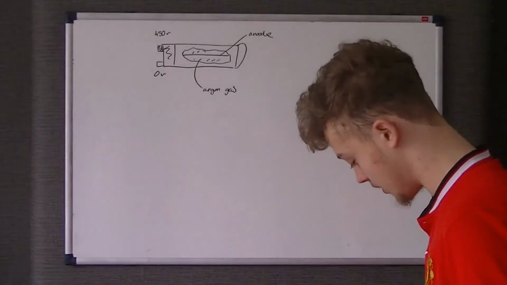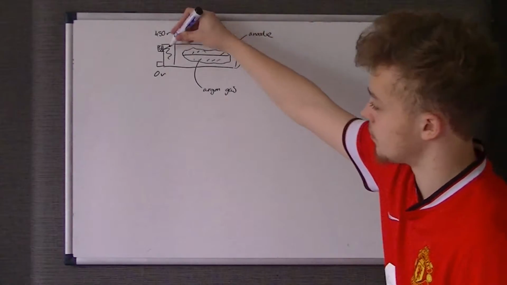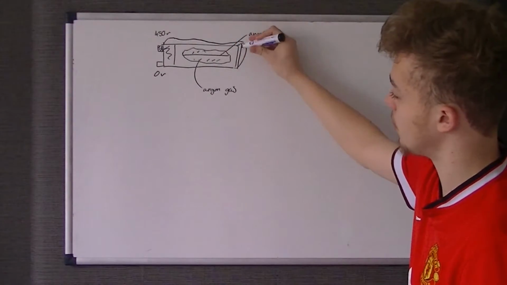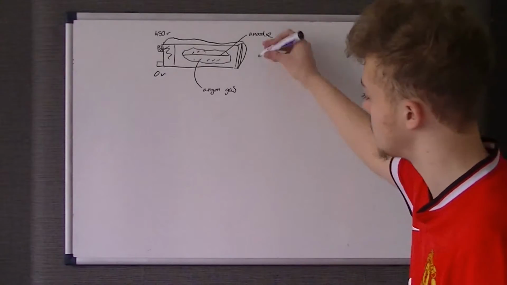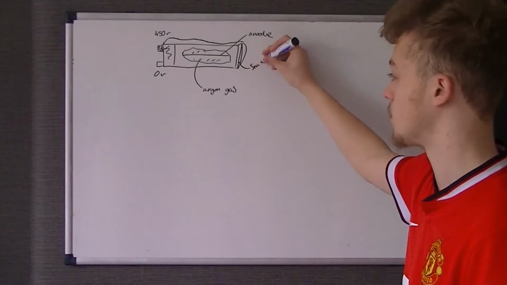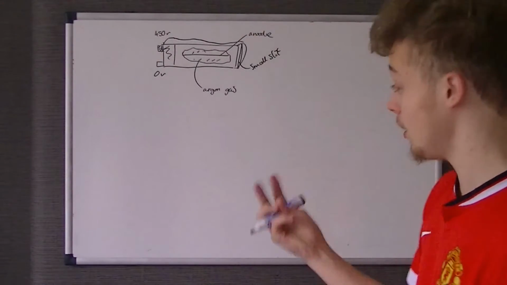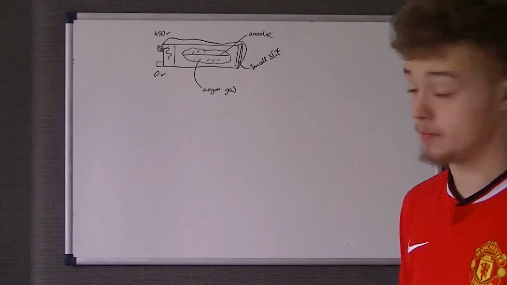Now at the front of this, what I've tried to draw is it's sort of curved like this, and we've got a slight hole, a small slit, in the front of it. This allows your alpha, beta and gamma to pass into the Geiger tube.